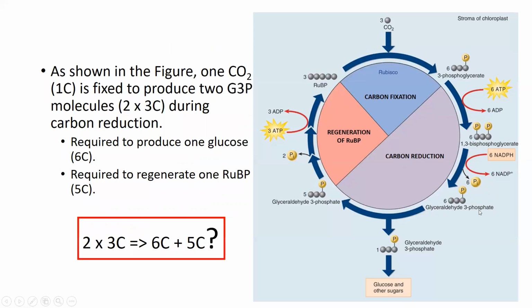Then, as shown in the diagram, 1 carbon dioxide is fixed to produce 2 G3P.